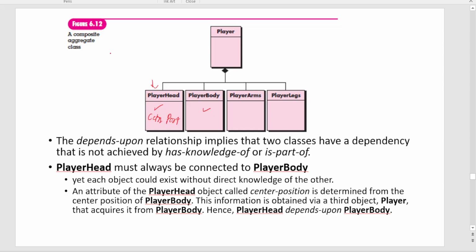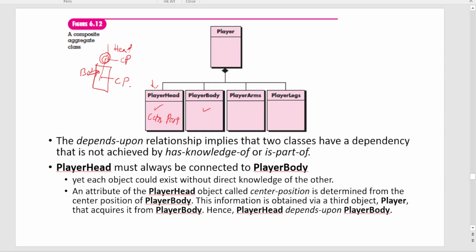So the head, and this is the body. This is the center position of the body. So the head should be in line with the center position of the body. So this attribute, center position of the head, should be in some way related to the center position of the class called body.